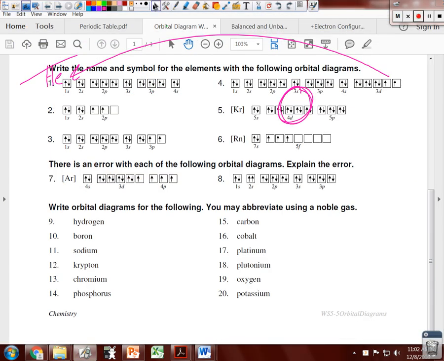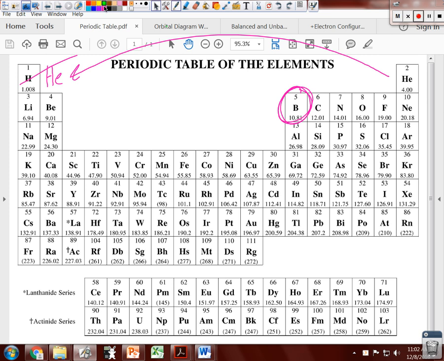And so, my next question to you guys is, what comes after the number 2? The number 3. Well, who is number 3? Lithium. Okay, so my first question to you is, what energy level or what period is lithium on? Okay, so it's second. All right, what block is lithium in?